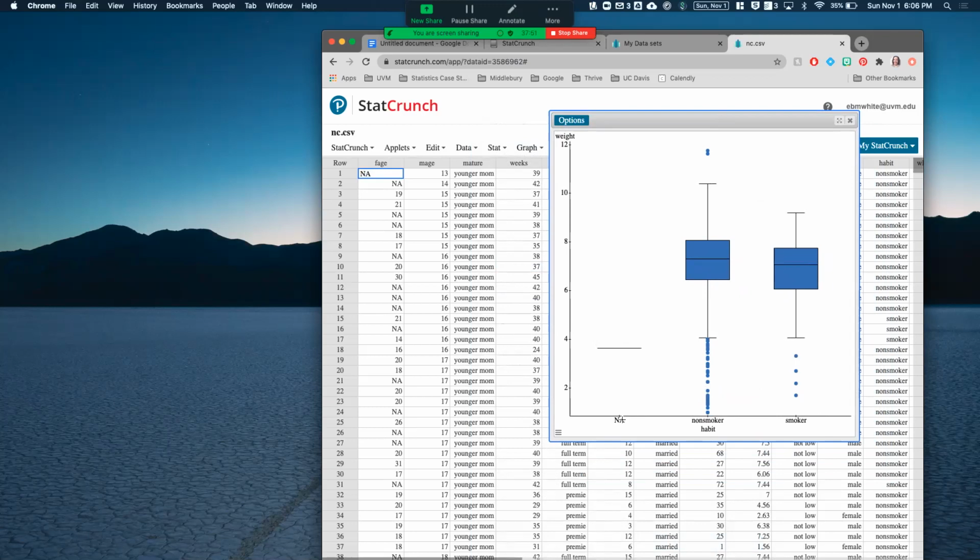I guess there was one in there that didn't have the smoking status specified, but we can see that for the non-smokers and the smokers, we've got these two side-by-side box plots. Having these side-by-side allows us to compare things like the median, or measures of the middle. It seems like the middle of this one might be a little bit higher than the middle of this one, but it's hard to tell from this graph, right? And we can also look at spread.